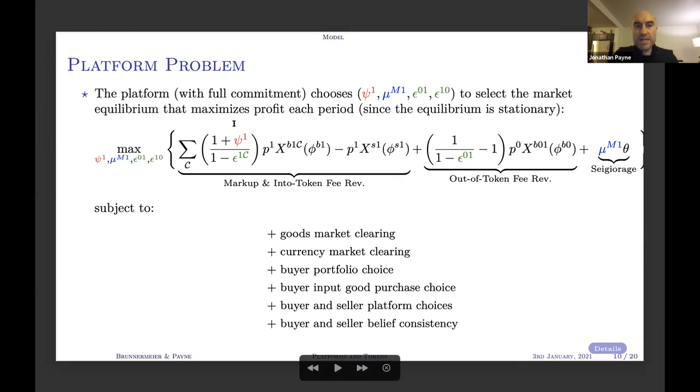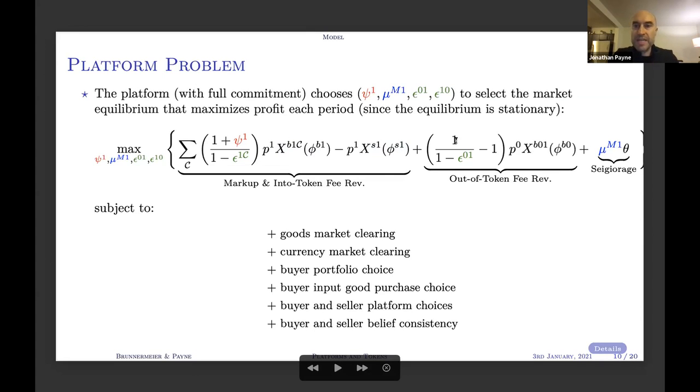Well, the first part is their markup and inter-token fee revenue, right? So this X here, is the volume of goods bought by buyers on the platform, and this XS is the volume of goods sold on the platform. And here we get the markup and inter-token fee revenue they get from the sales of goods on the platform.